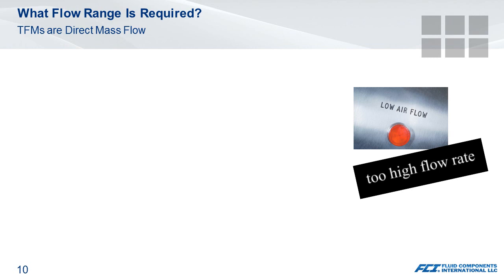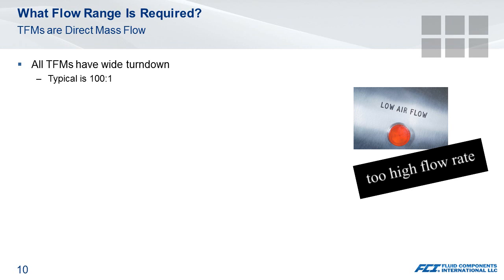Specifying the actual flow range required is pretty normal for any kind of flow meter, and thermal flow meters are no different. A big advantage of thermal flow meters is that typically a 100-to-1 turndown offers an opportunity for a very wide flow range, and some manufacturers have hybrid techniques that can get you up to 1,000-to-1. But that being said, you still don't want to underspecify or overspecify the flow range.